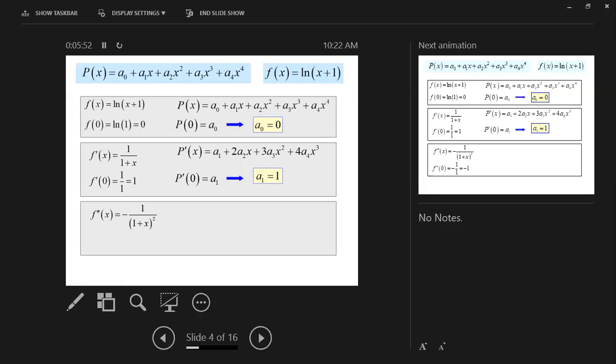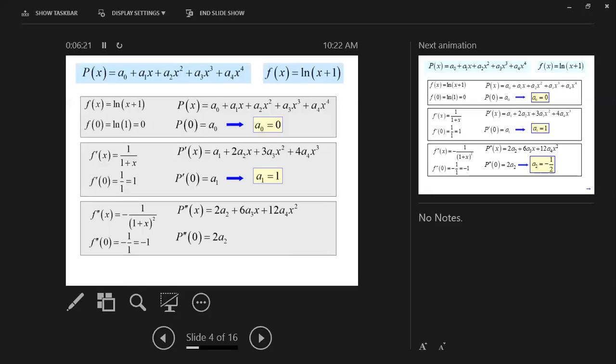Second derivative. Now be careful here. In order to take this derivative, I'm going to rewrite this as 1 plus x to the negative first. So it's a power rule, chain rule problem. So there's my second derivative. At 0 it is negative 1. Second derivative of the polynomial at 0 is 2a sub 2.